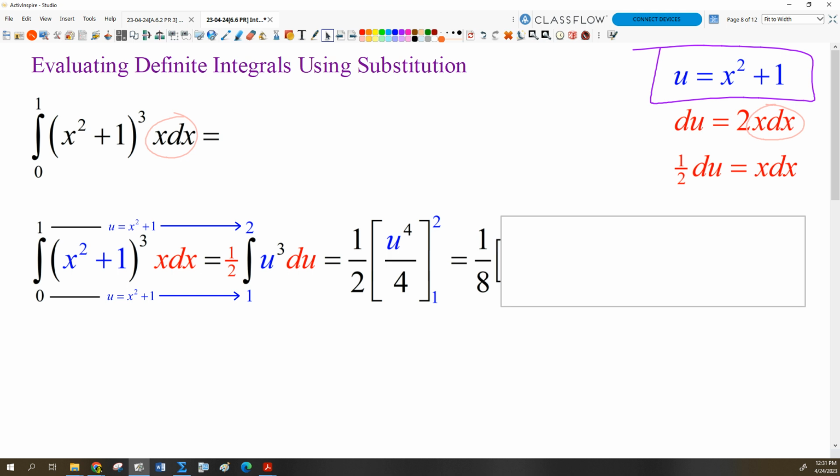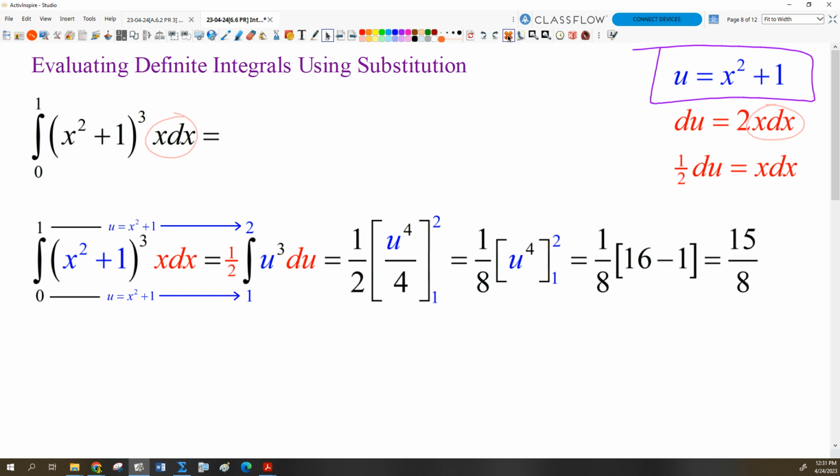So we pull the 4 out front, and I just get 1/8 u to the 4th from 1 to 2, because those are my new limits of integration in terms of u, right? So that just gives me 1/8 times 2 to the 4th minus 2 to the 1. Well, that's just 16 minus 1, so I get 15/8 as my answer. How about that? That's pretty cool that it works that way.